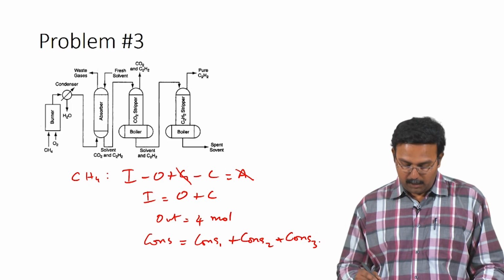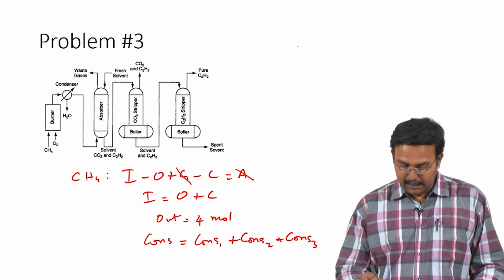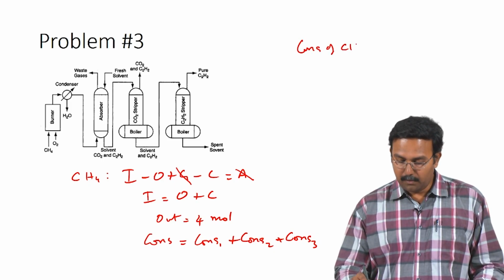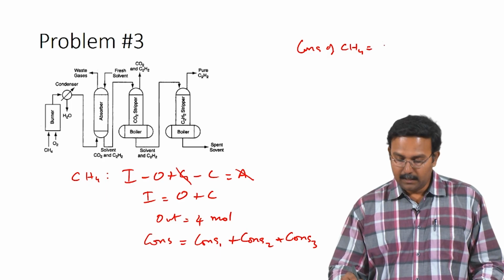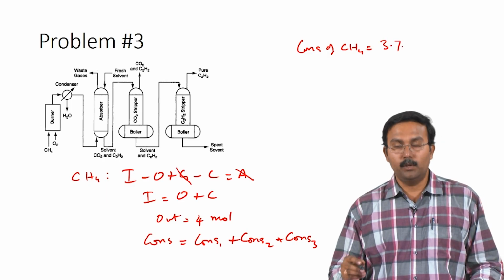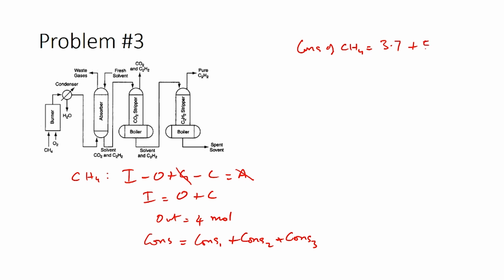So, using that stoichiometry, we can calculate the consumption of methane as 3.7, which is the number of moles of carbon dioxide generated, plus 58.3, which is the number of moles of carbon monoxide generated, plus 8.5 times 2, where 8.5 is the number of moles of acetylene generated, because we have 2 moles of methane being consumed per mole of acetylene, so we multiply by 2, the stoichiometric coefficient.